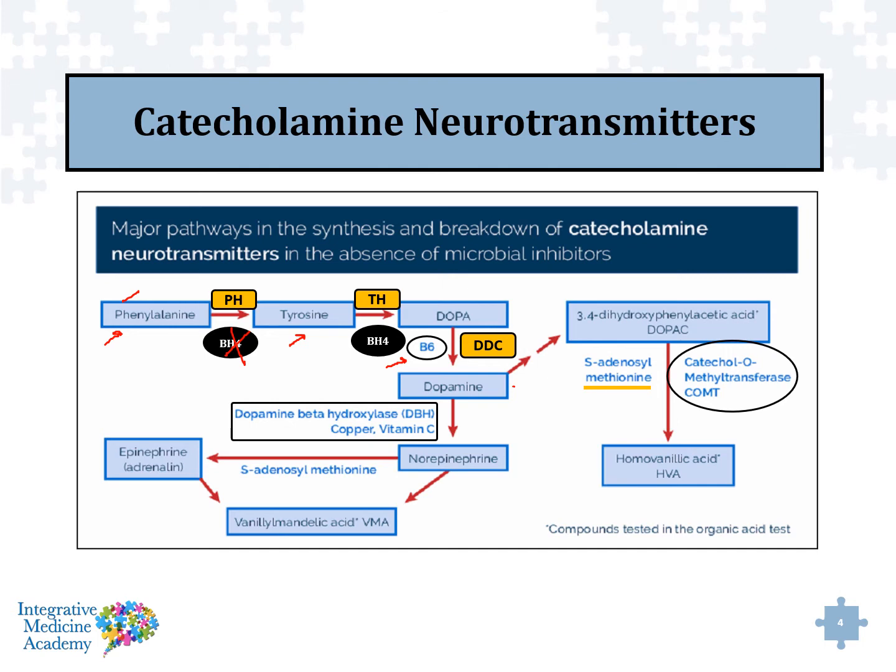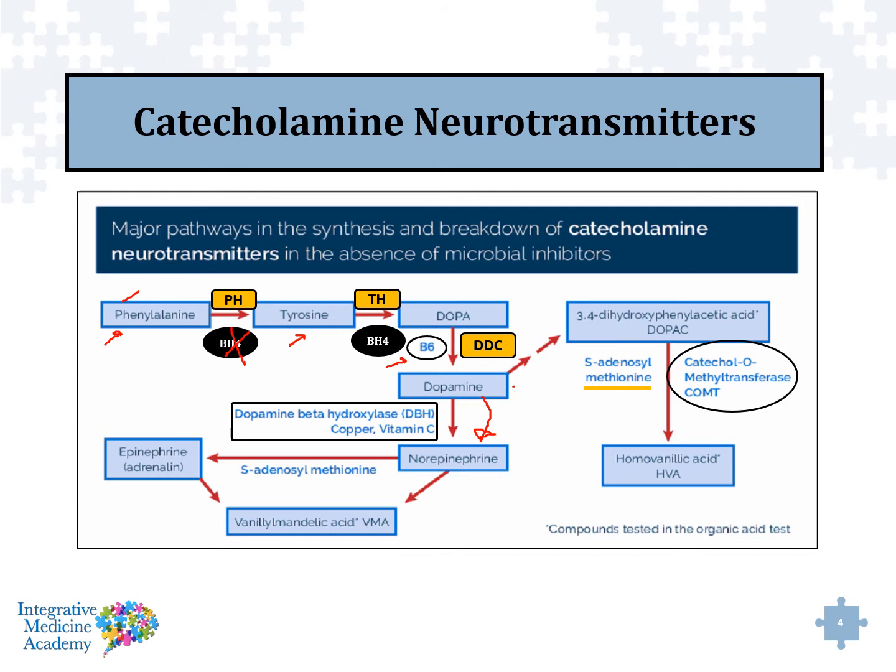At the level of dopamine, it's important to understand that it can go in multiple directions. One of the big areas it goes to is norepinephrine. And norepinephrine is important within the nervous system for stimulatory signaling, for example, in the sympathetic nervous system. It also gets converted to epinephrine for energy production.